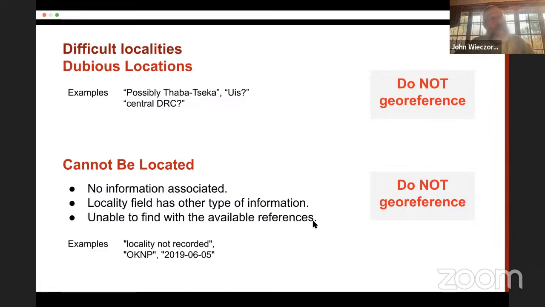However, in the case where effort had to be made, it's a good thing to describe what you tried to do in order for other people to assess whether or not you did a complete job of looking. So, for example, you would fill georeference sources. This is a field where we capture the maps or gazetteers or resources that were used to do the georeference.